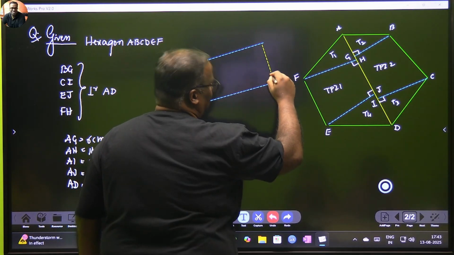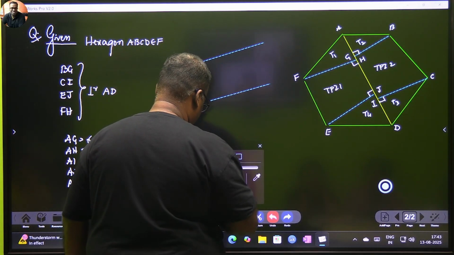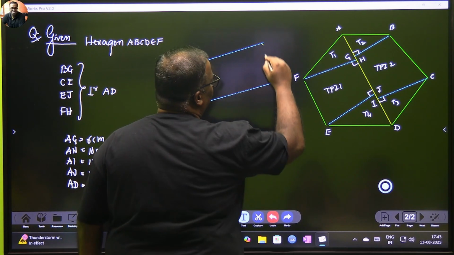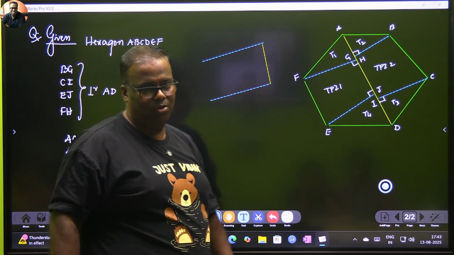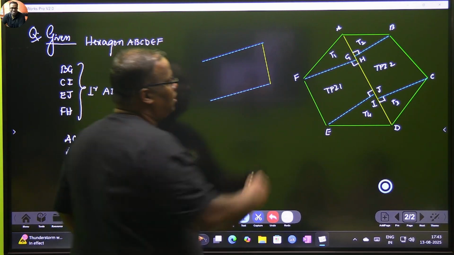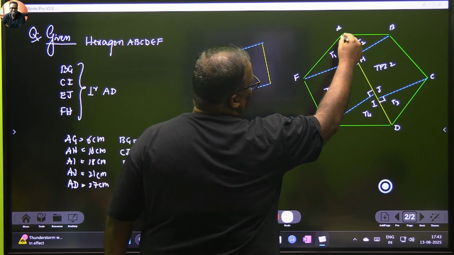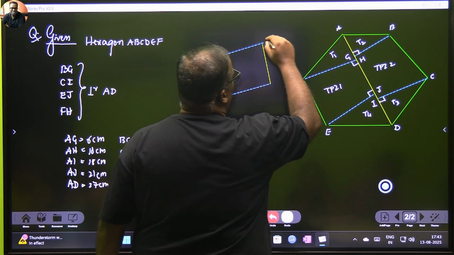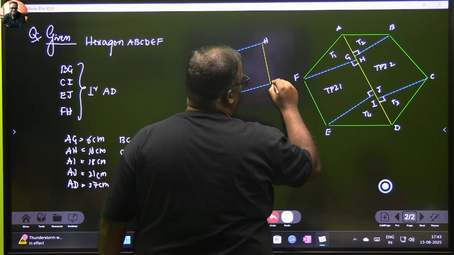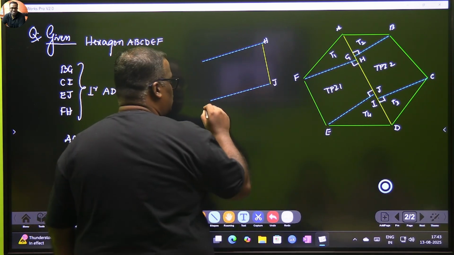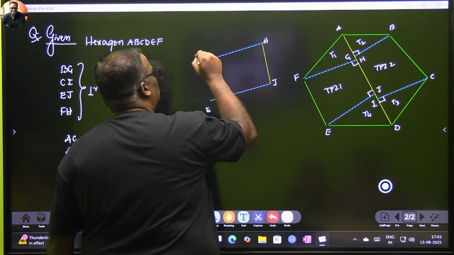Don't you agree that both the blue lines are perpendicular on the yellow? Let me name them. From here to here is G, then this is H, and then this is J. This side should be E, and this side should be F.